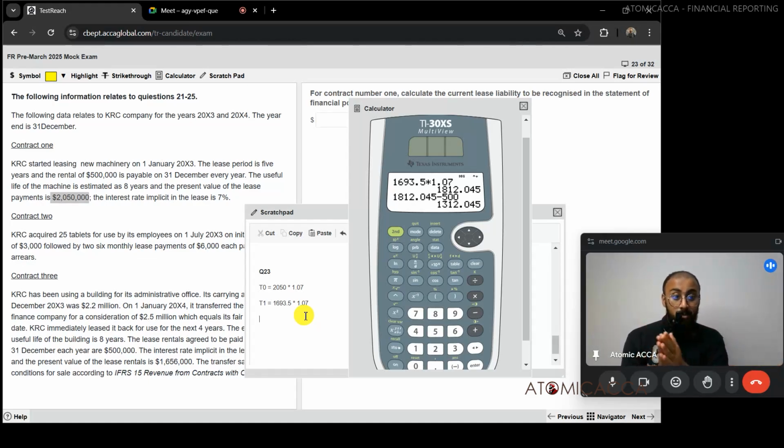Because this is an arrear lease, what I can do is find the next year closing balance and find the gap between them. So for T2 it will be 1312.045 into 1.07. I will increase it once again.